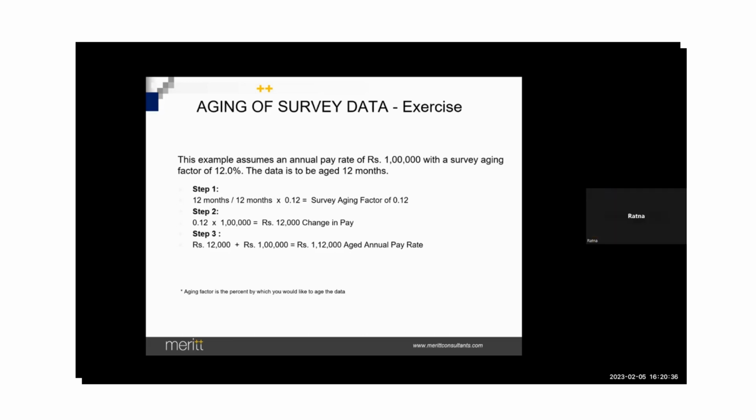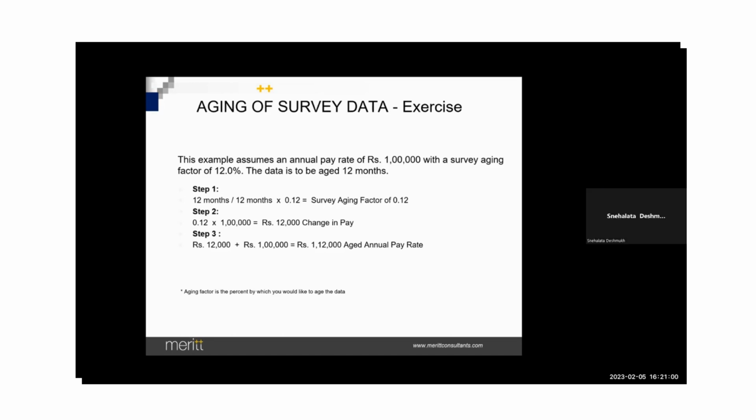It ranges around 7 or 8 typically for IT. But sometimes you can't assume. You really need to check, because there may be a recession or inflation, and the survey aging factor changes based on the kind of inflation you have.